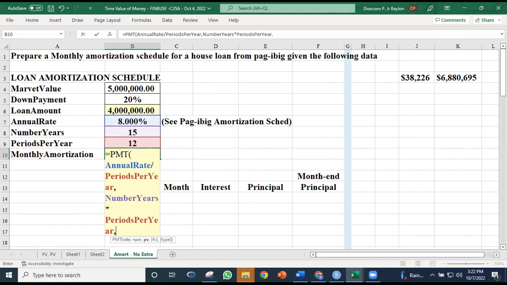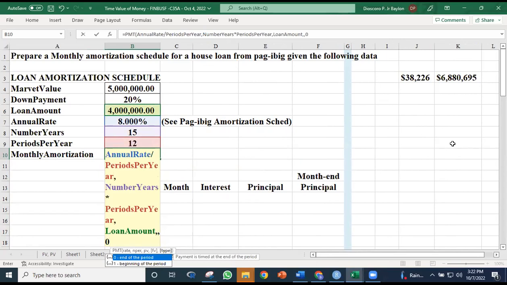Then comma, our PV is our loan amount, and comma, no future value, comma, type, end of the period. We can type 0 or ignore that so that our parameters will only be up to loan amount.